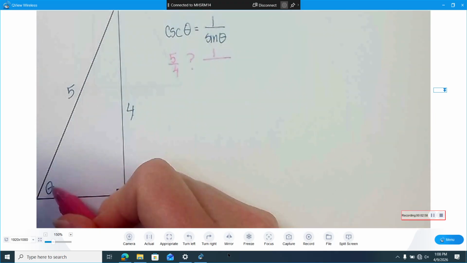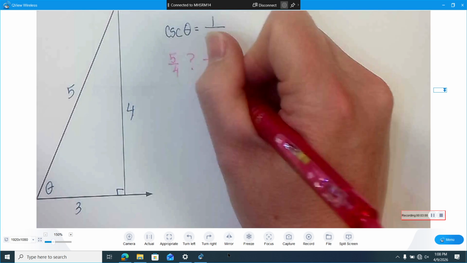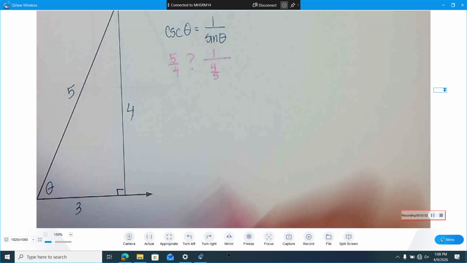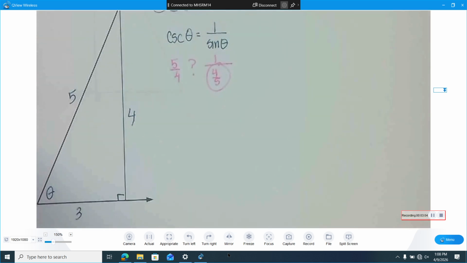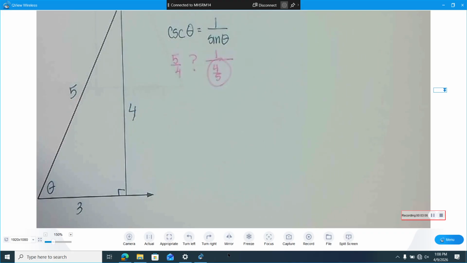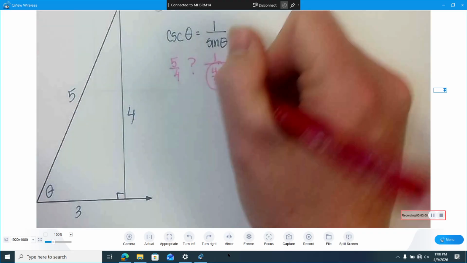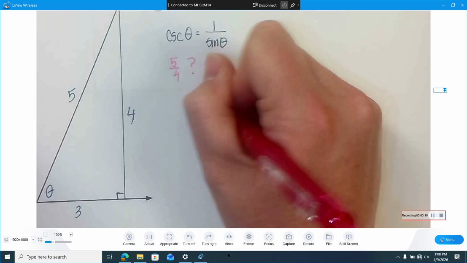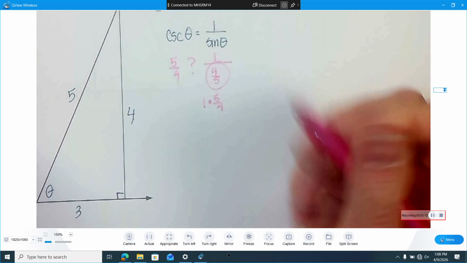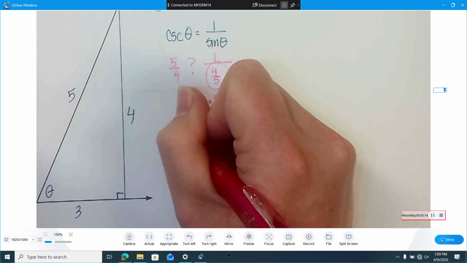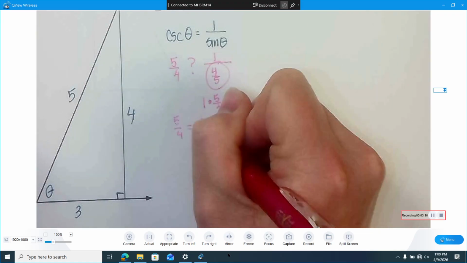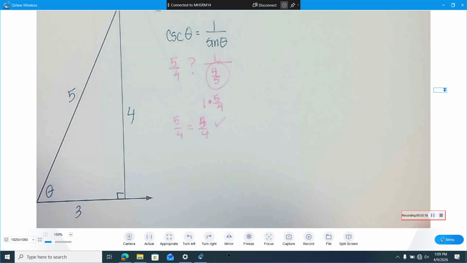So sine we know as opposite over hypotenuse, so 4 over 5. Well, I don't like dividing by a fraction. What do we do instead? Multiply by the reciprocal. So it becomes 1 times 5 over 4, which is, of course, 5 over 4. All right. So that is absolutely true.